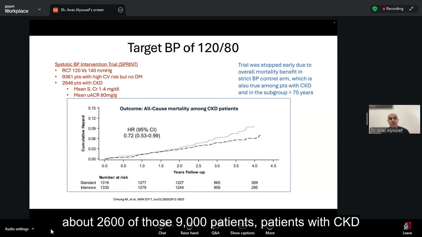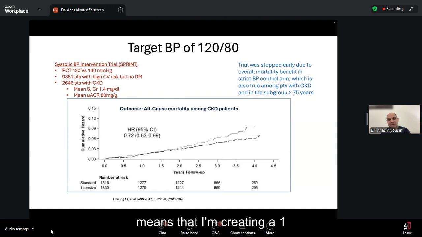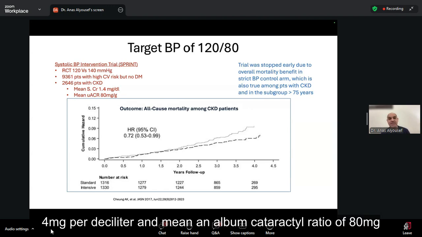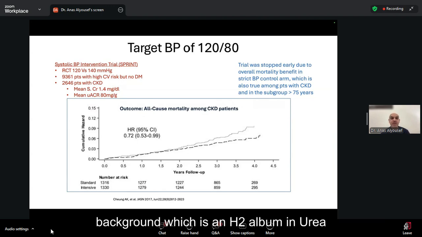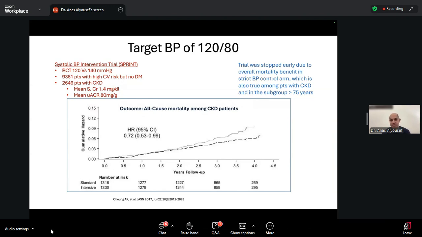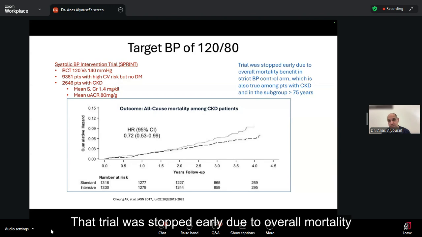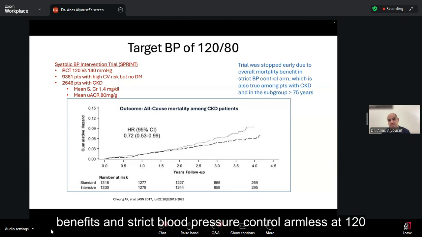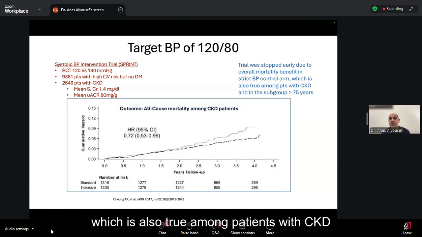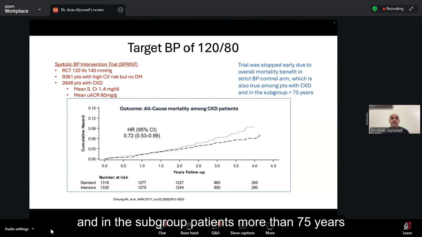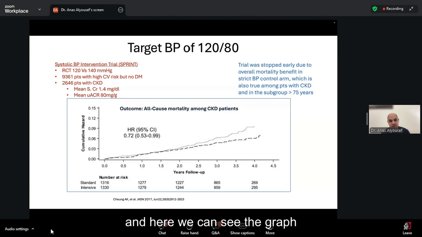About 2,600 of those 9,000 patients had CKD, with a mean serum creatinine of 1.4 milligram per deciliter and a mean urine albumin creatinine ratio of 80 milligram per gram, which is A2 albuminuria. The trial was stopped early due to an overall mortality benefit in the strict blood pressure control arm, less than 120, which was also true among patients with CKD and in the subgroup of patients more than 75 years of age.